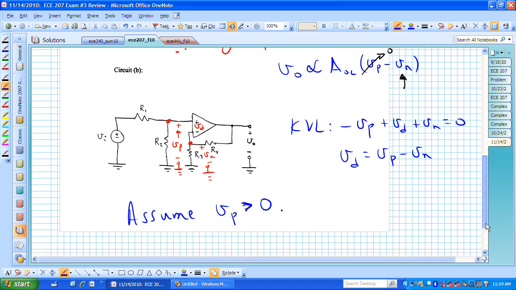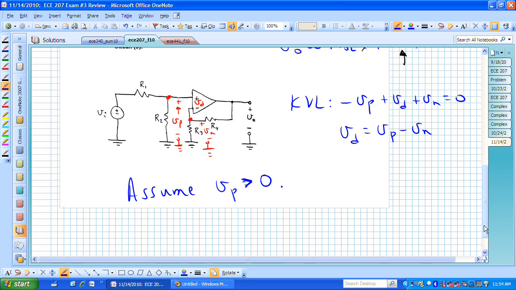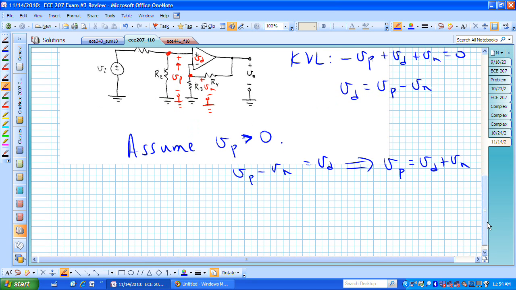If V sub P is positive, then what we have is V sub P minus V sub n equaling V sub D, or we now know that V sub P is equal to V sub D plus V sub n. And what do we know about V naught?